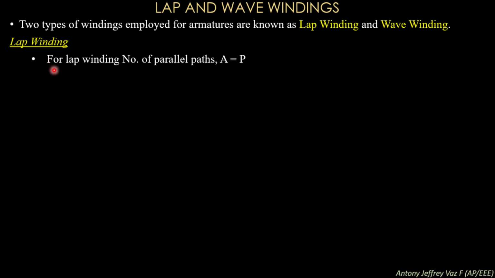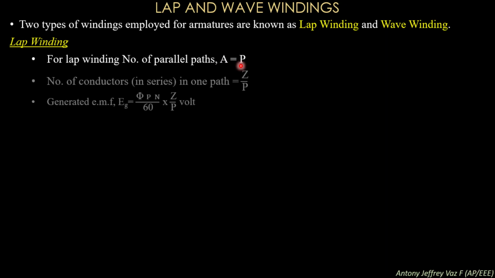For lap winding, the number of parallel paths A is equal to P. So for lap winding, you need to substitute A equal to P, where P represents the number of poles present in the generator or motor, whereas the number of conductors in one path is denoted as Z divided by P. Here Z is the number of conductors and P is the number of poles.